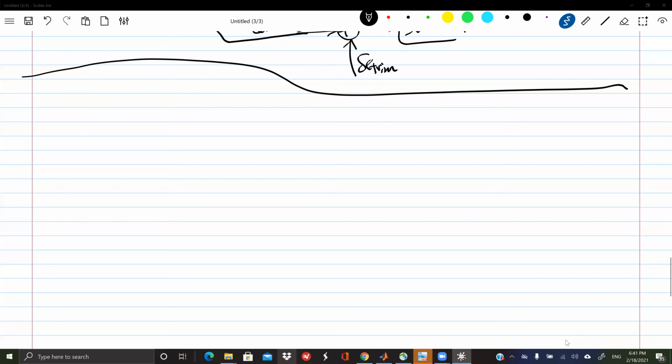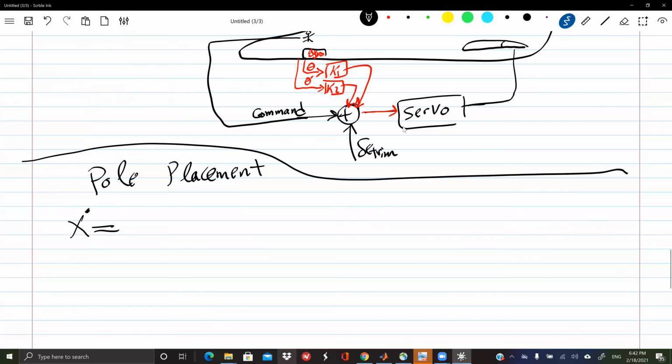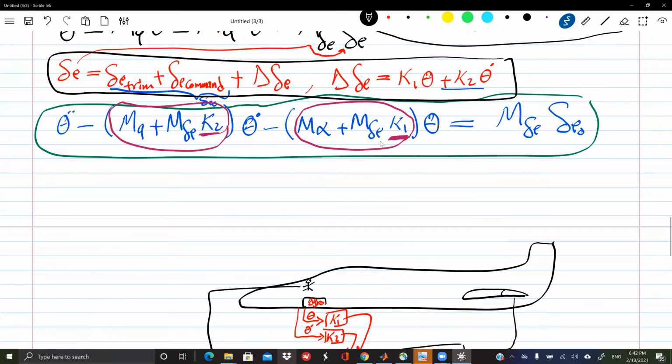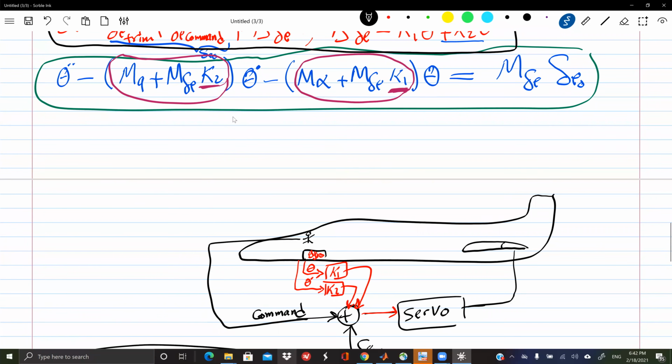So here is the pole placement. We have our system, x dot equals, it's exactly the analog of that. Here we're feeding back by what?